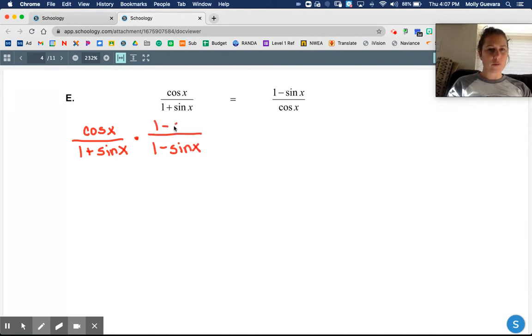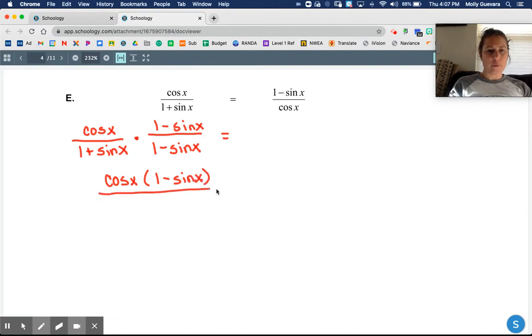Remember, the conjugate is the same thing as the denominator, just 1 minus instead of 1 plus. So on top, I'm not going to actually multiply it out. I'm just going to say cosine of x times 1 minus sine of x.